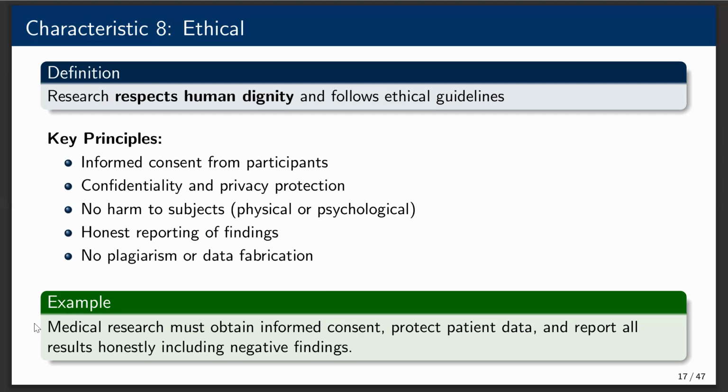Informed consent from the participants, confidentiality and privacy protection, no harm to subjects, that is physical or psychological, honest reporting of findings, no plagiarism or data fabrication. So for example, medical research must obtain informed consent, protect patient data and report all results honestly including negative findings.